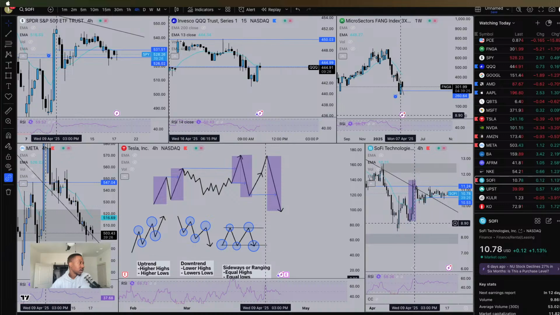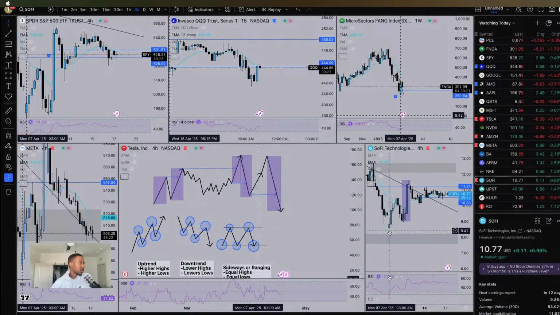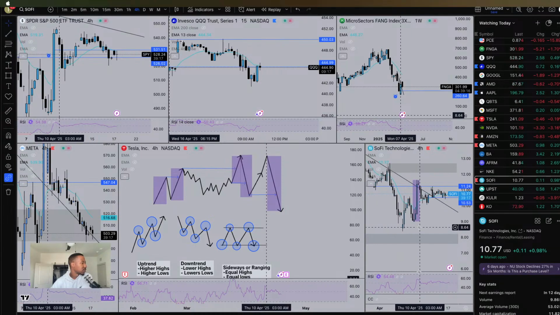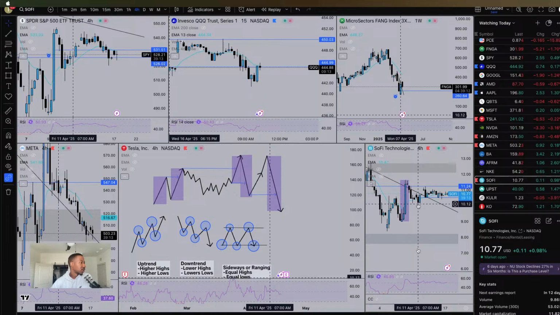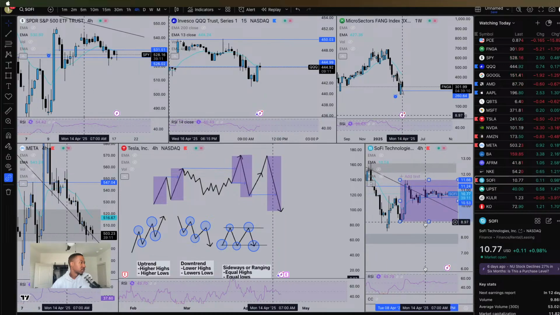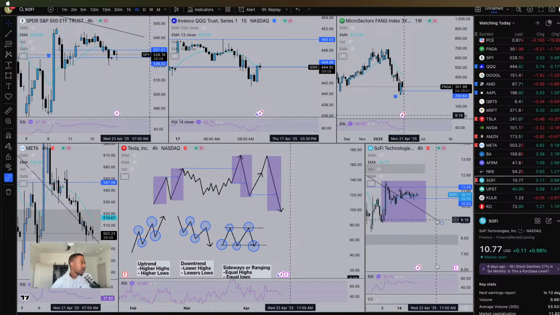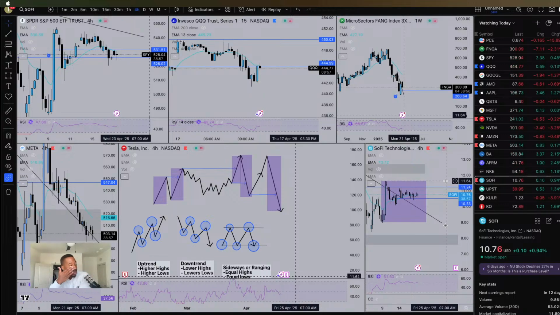On the 4 hour, for now, it's a little tricky, but I would say this is bullish. It's in a bullish range right now. Until it either comes down below $9 or up above 11.64, I would say it's still in a bullish range based on the 4 hour.